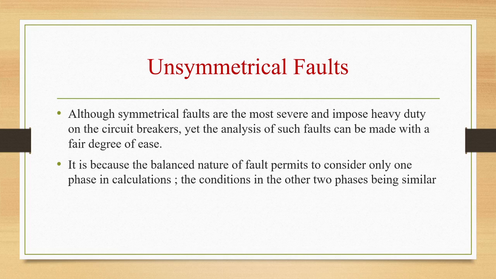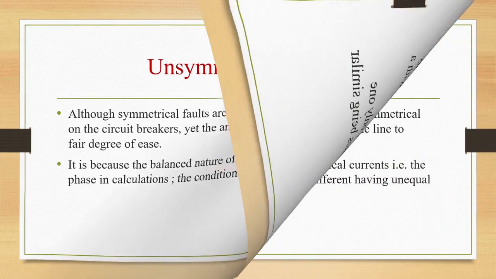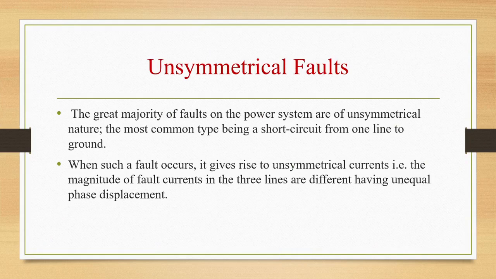Because the balanced nature of the fault will permit us to consider only one phase in calculations, conditions in the other two phases will be similar. The great majority of faults on a power system are unsymmetrical in nature, as we know. Only very few faults will be of symmetrical nature.